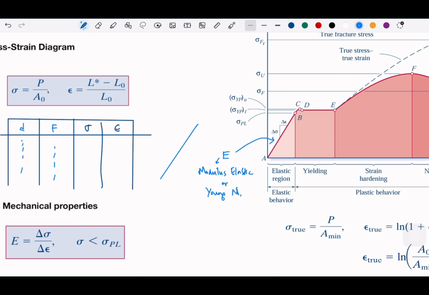What if a material has a high value of E? What does that mean? If you learn material science, you should know. What's the significance? If you have a high value of E, what happens?